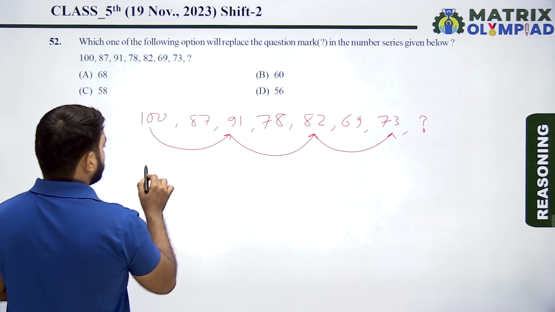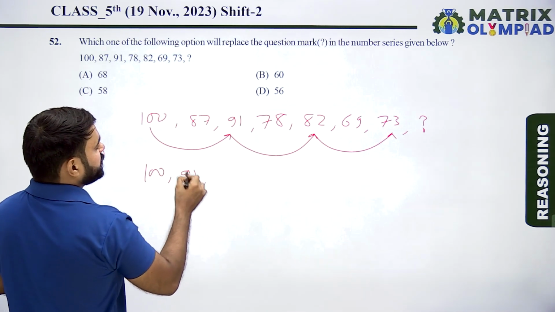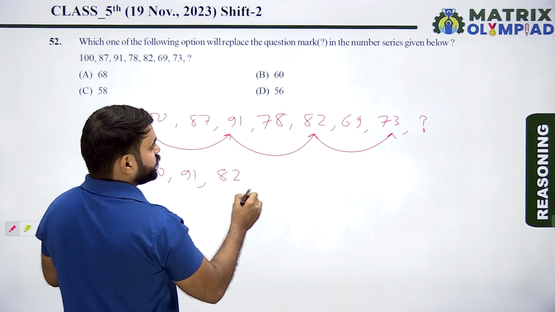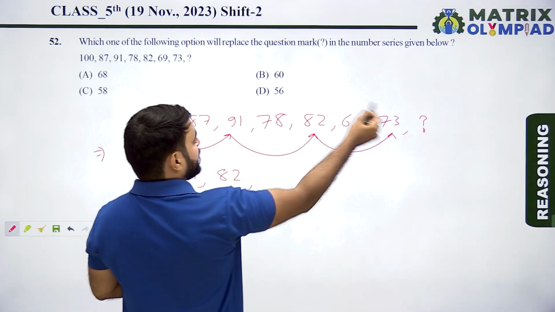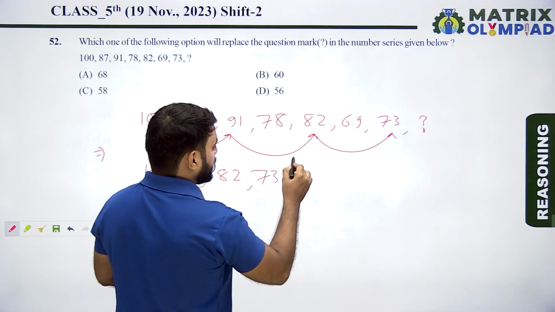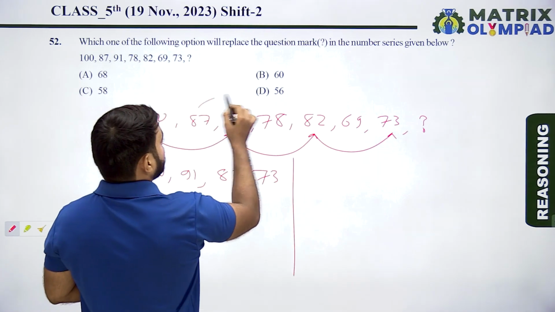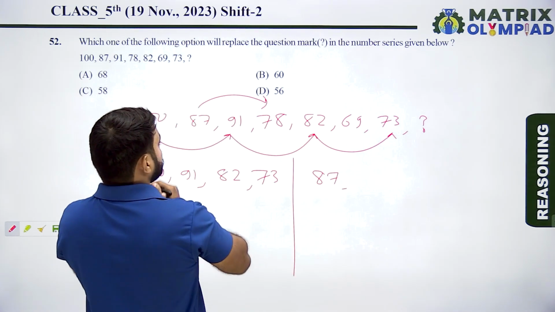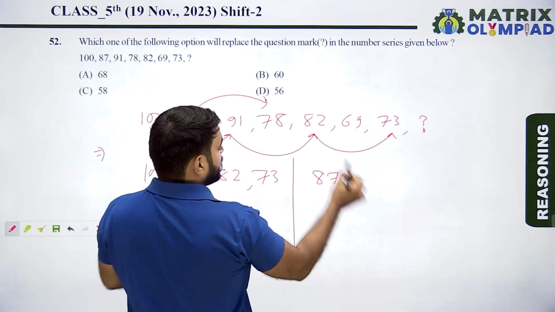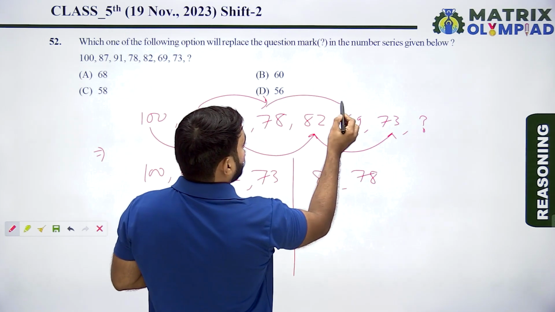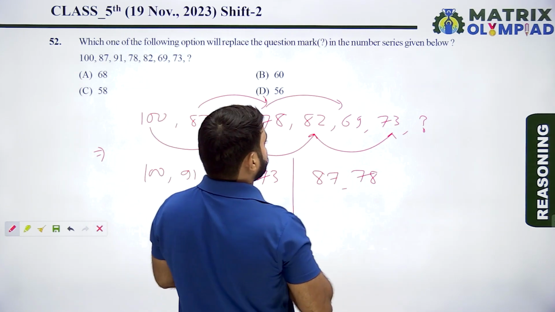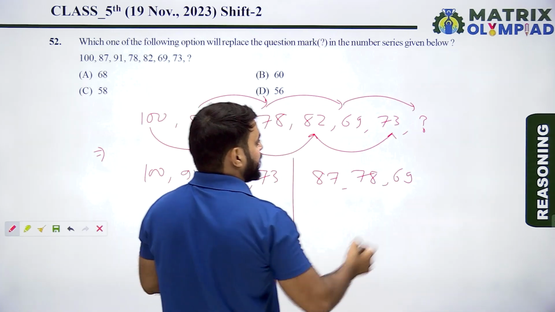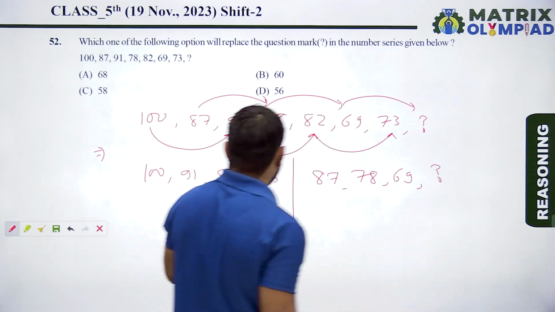So here 100, 91, next alternate number is 82, after 82, next is 73. And the second series is 87, 78, after 78, next is 69, after 69, next is missing.